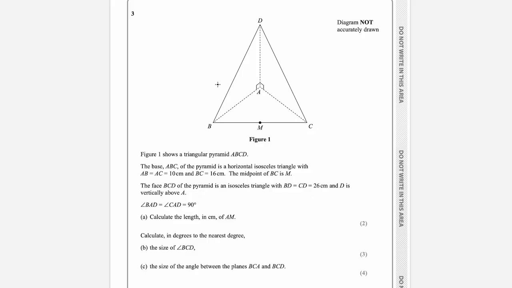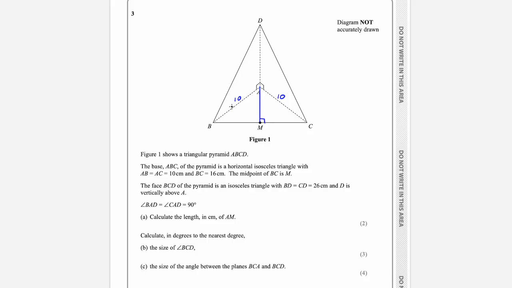So guys, it's given AB is 10. This is 10 here like this. And he wants this length AM. Now, let me just draw a line from A to M. So this is obviously a right angle here.